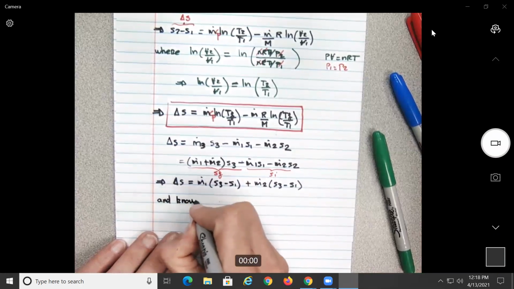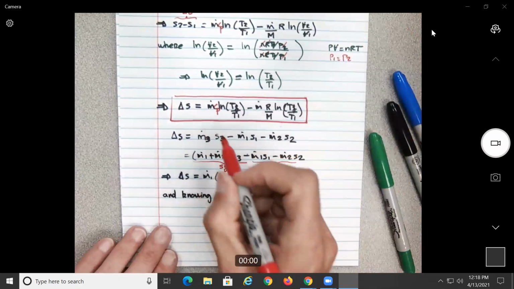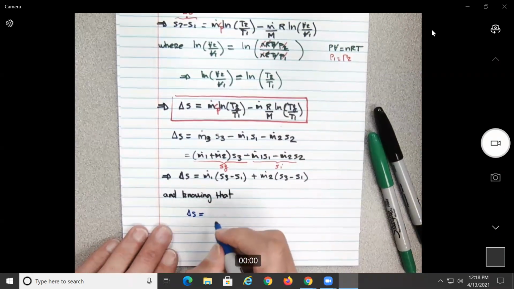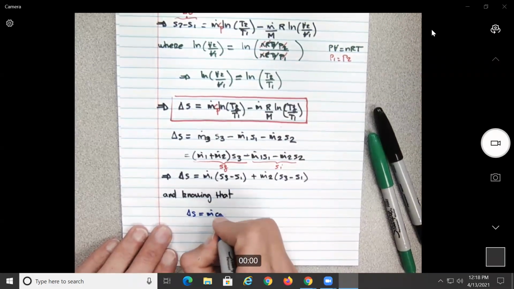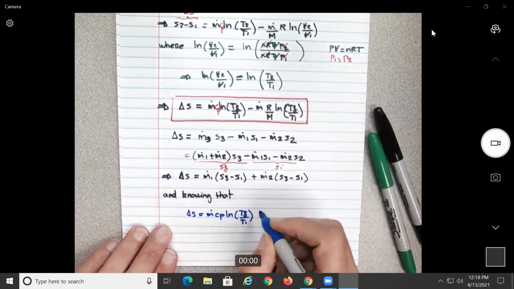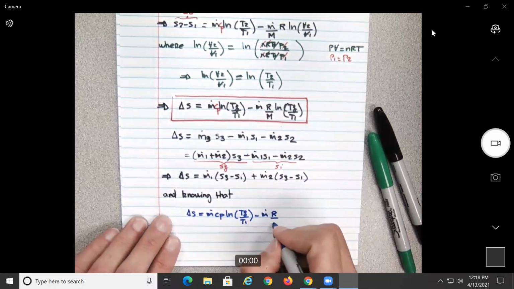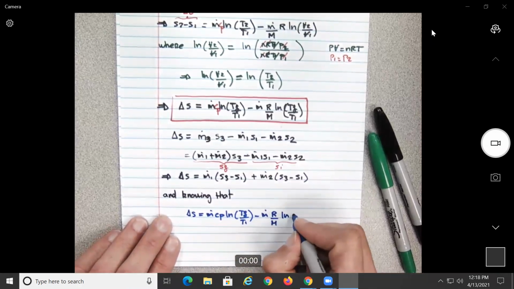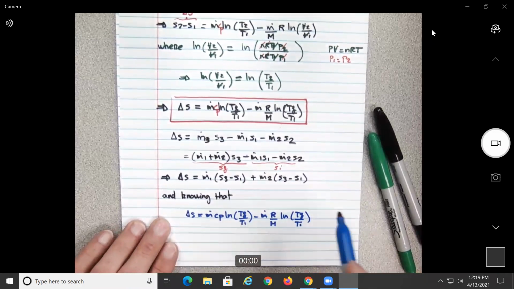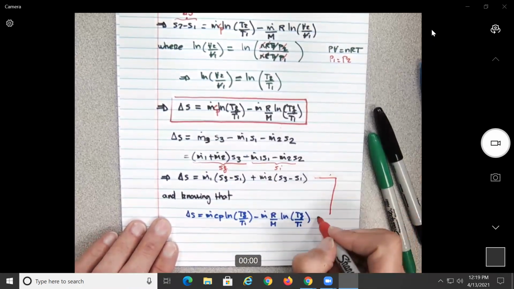Knowing that the expression we just derived, delta S, is equal to m dot Cp log T final over T initial minus m R over M log T final over T initial, we combine these two equations, combine this and this.